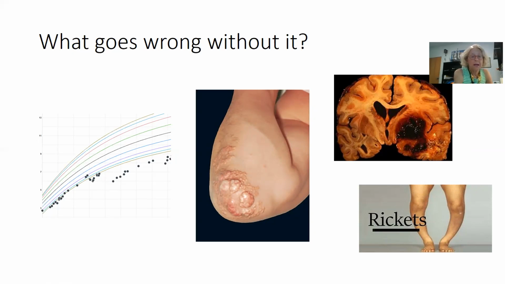Back a long time ago, before we had good sources of vitamin K, many of these babies had head bleeds because they had fragile blood vessels, and they can also get rickets.